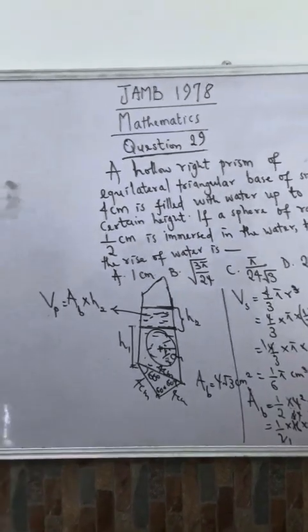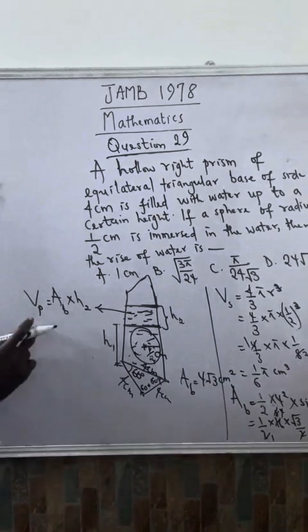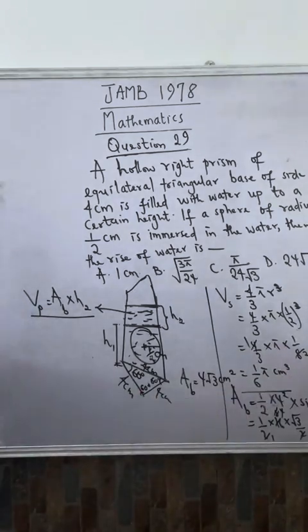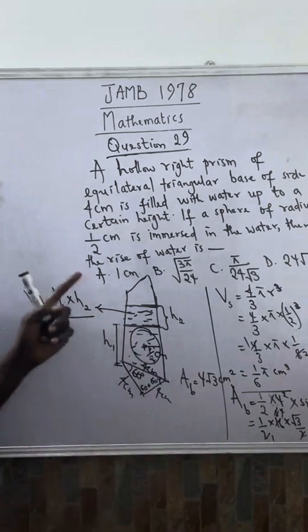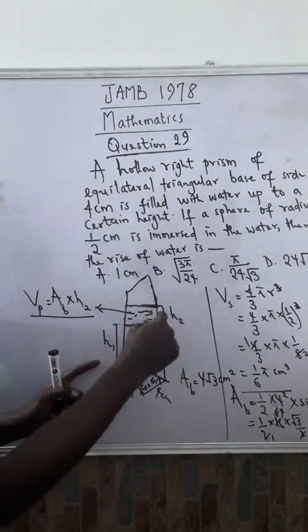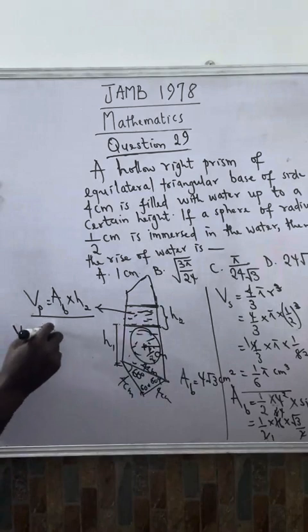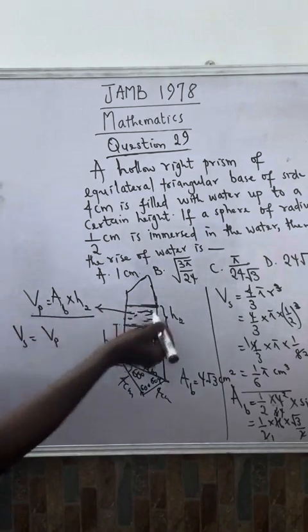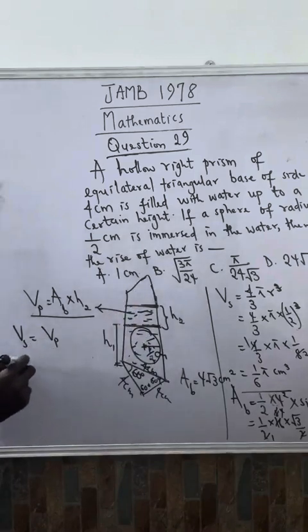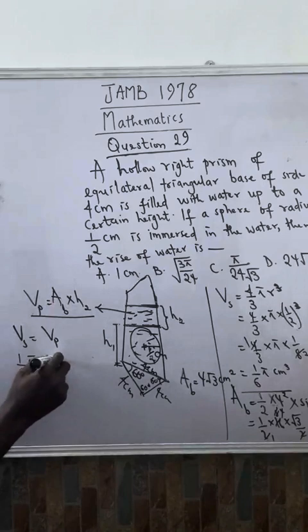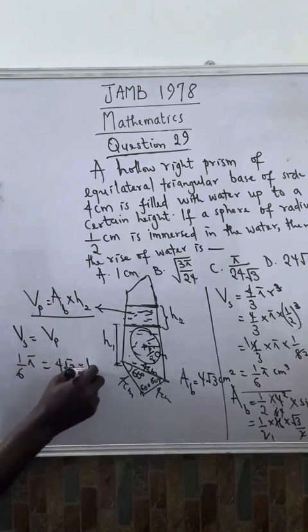Now it is h2 that I want to calculate. Let us equate this volume to the volume of the sphere, because the sphere that enters here is what causes the volume of the water to rise. So volume of sphere equals volume of the prism that rose here. I have 1/6 pi equal to area of base, 4√3, times the height I'm finding.